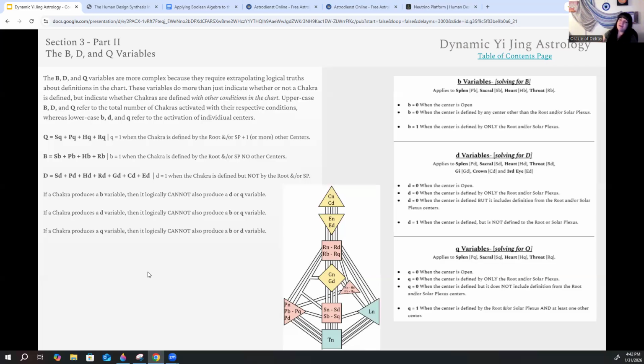I should really have the Q be named D, but I didn't want to go through and redo this whole thing. Because the Q variable finds the demi-rave. So if the sacral here was connected to the root and then also the G center, then the sacral would have a Q of 1.